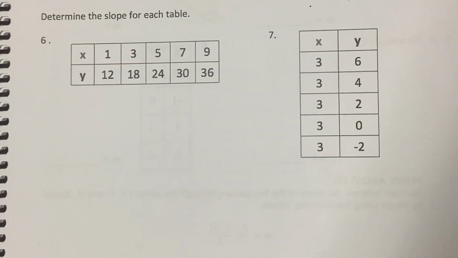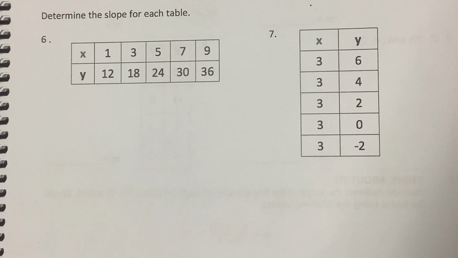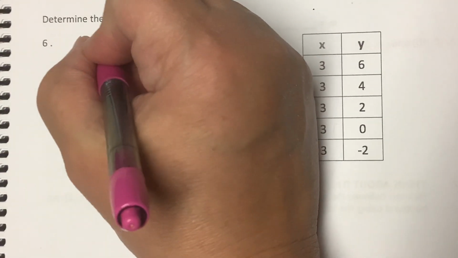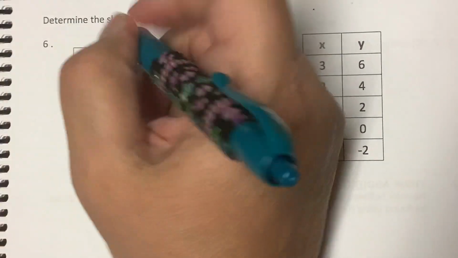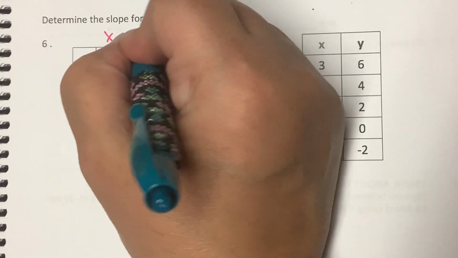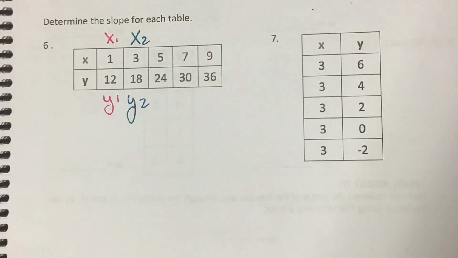Again, I'm going to write the formula every time I use it. And I'm going to pick nice small numbers if I possibly can. x1, y1. They don't have to be next to each other either. It's just easier that way. x2, y2.